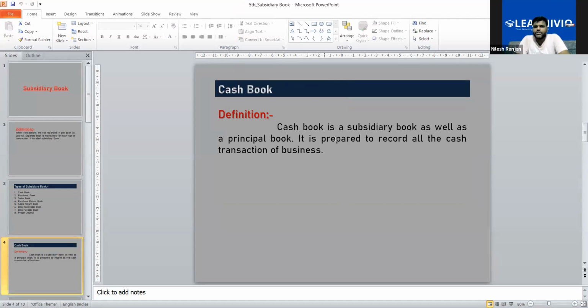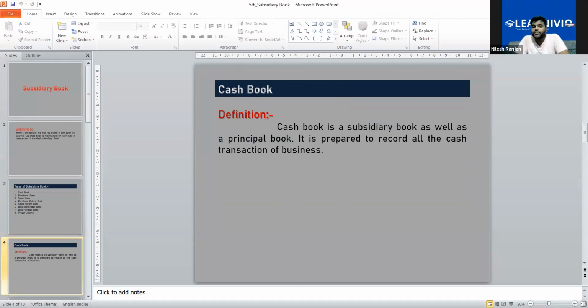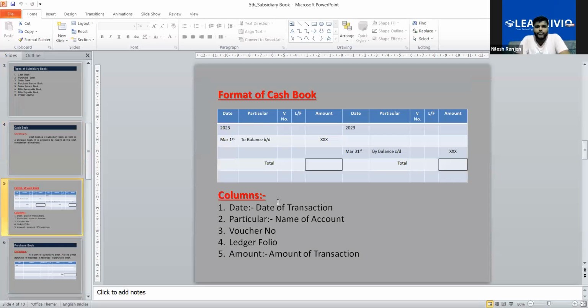You can see here, cash book is a subsidiary book as well as a principal book. This is a point where students get confused when I say that the cash book is a subsidiary book as well as a principal book. The ledger is called the principal book, so how is the cash book both? If you see the format of the cash book, you'll understand.